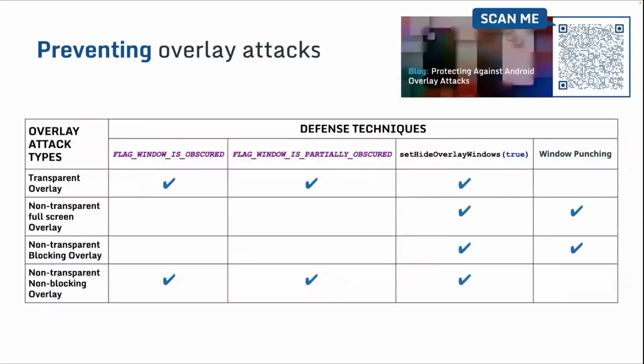Okay, so we have a summary here. So basically, we can always hide overlays. For the cases when the touches go through, we can apply the flags, these 2, here and here. And when the touches do not go through, then we can apply window punching. All right.